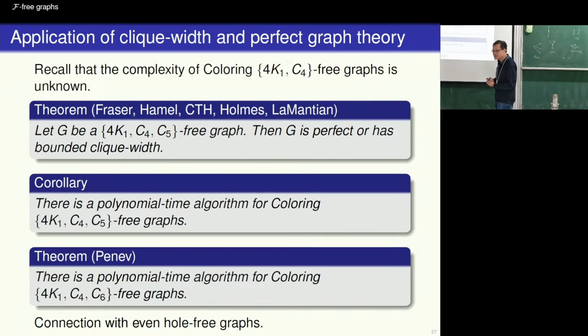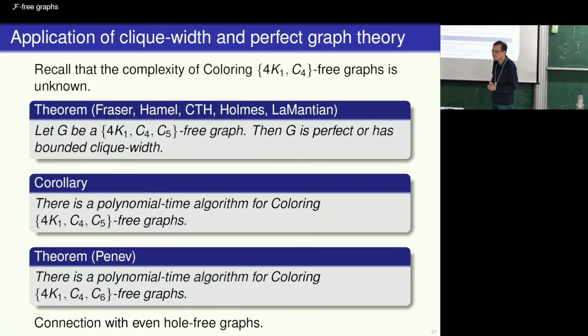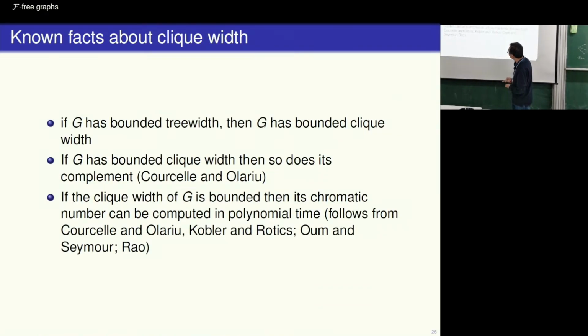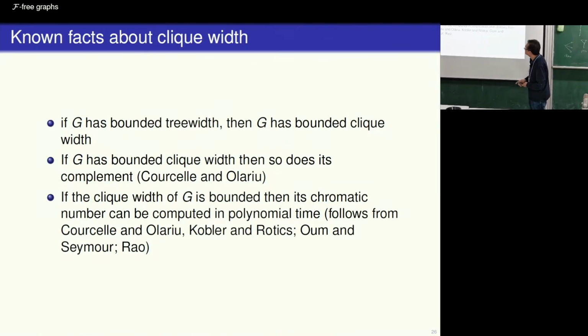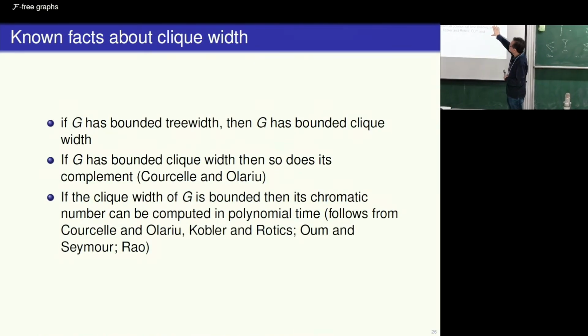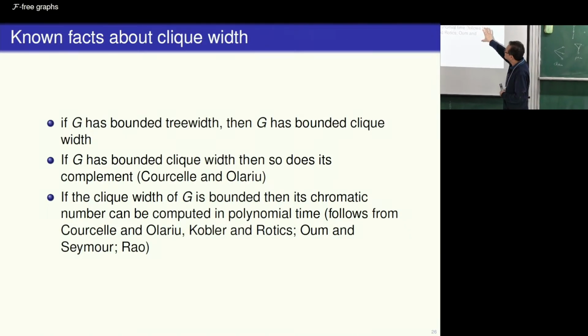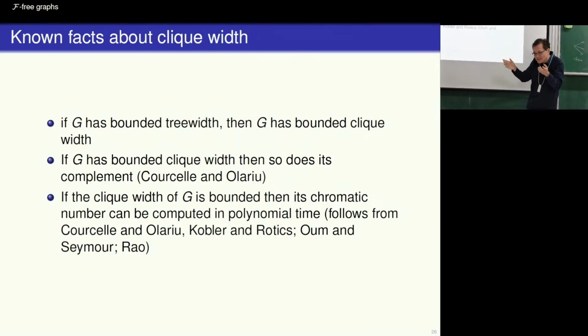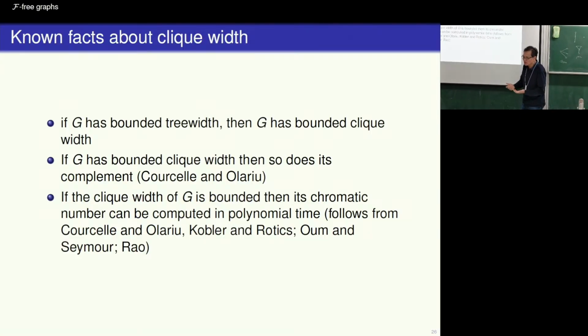Sorry, I think I got confused. Can you go to the previous slide? The third point says chromatic. Does it mean that the chromatic number of P5 free graphs is polynomial time? Because you said P5 free, like PK free graphs. We talk about a class of graphs, but P5 is just a fixed graph. With a fixed graph, I know the clique width is fixed.